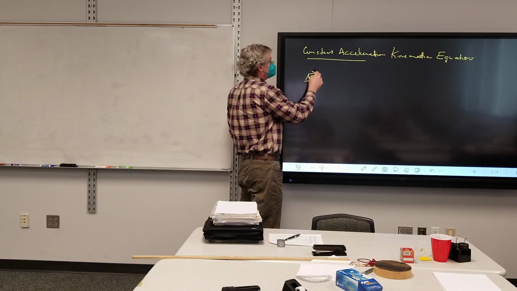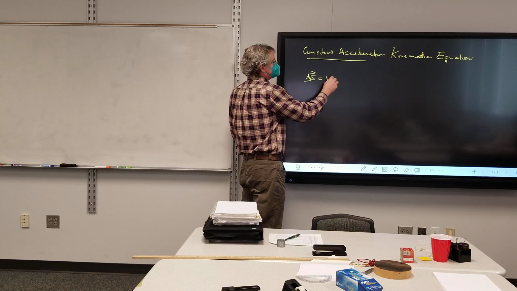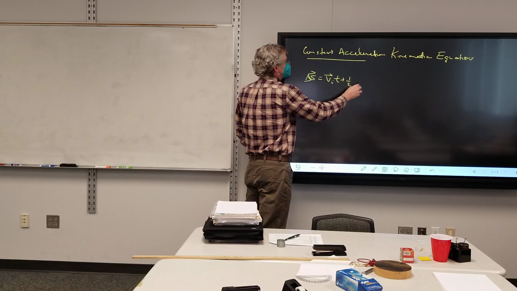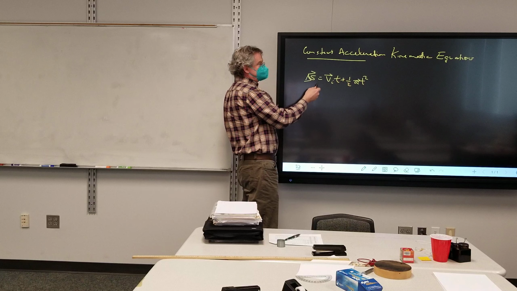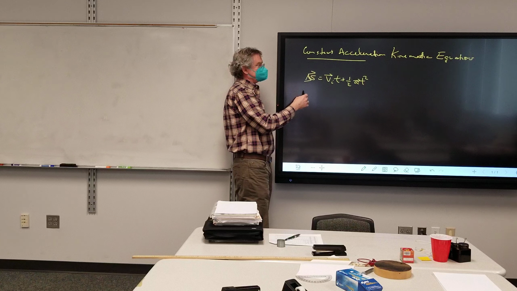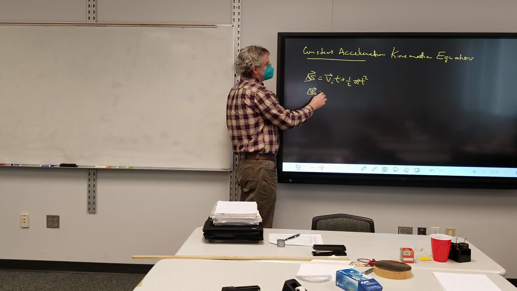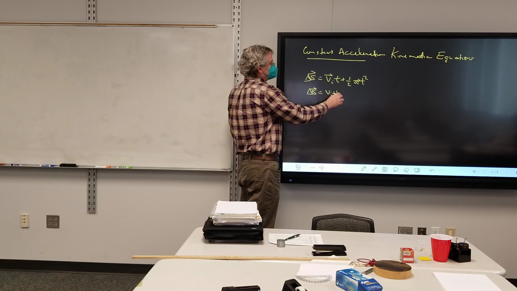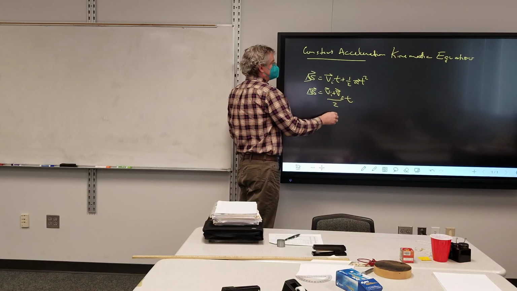We have displacement: delta S is equal to VI t plus 1/2 A t squared. A is acceleration, V is velocity, S is position, delta S is displacement. Delta S equals VI plus VF over 2 times time.